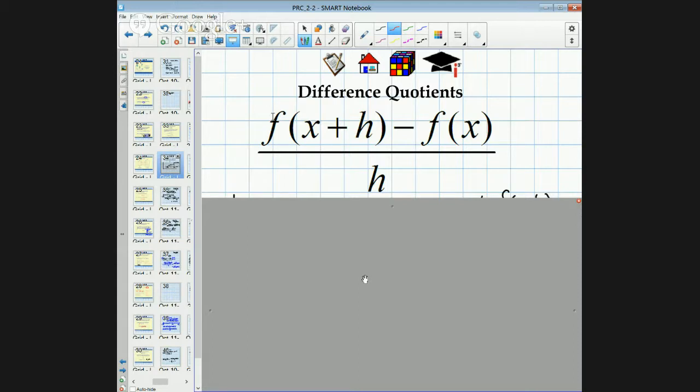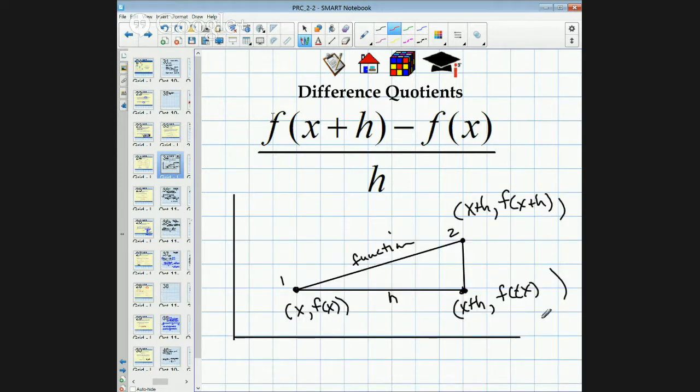Okay, did you guys all get that down? Now, let me show you where that comes from. So let me get rid of this cover here. Okay, so what I did is I just made a first quadrant sketch here, and I picked 2 generic points. This one over here.